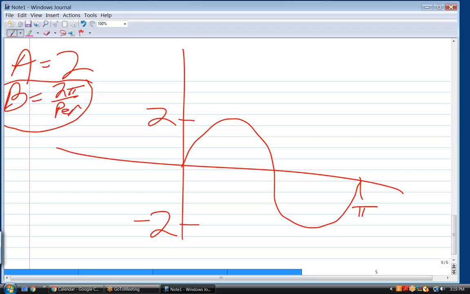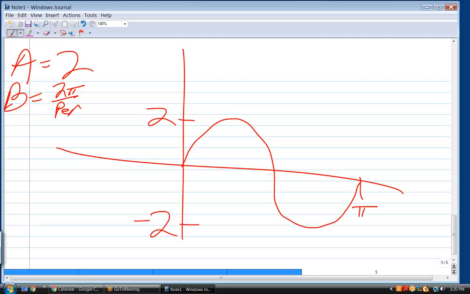If you don't memorize that, you can't get any of these right. So that's the most important one to memorize because it's the hardest. So in my example, what is B? 2 pi over the period.